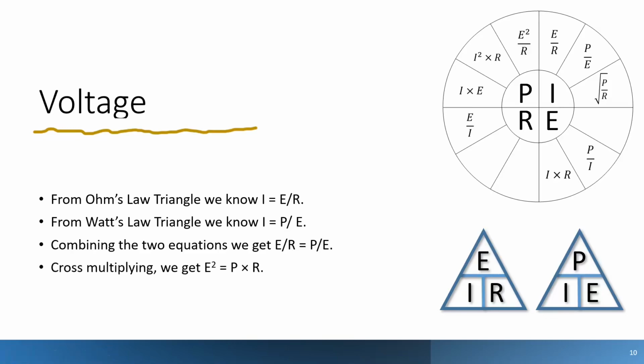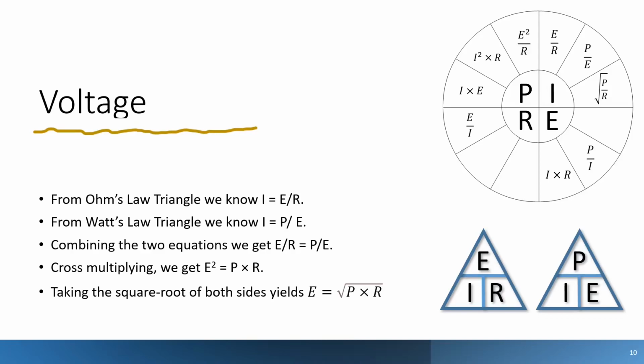And when we do that, we're going to wind up with E times E on the left side and P times R on the right side. I kind of simplified that rather quickly on the slide here, but E times E is E squared equals P times R. So then all we have to do to isolate E, remember we're trying to solve for voltage, is take the square root of both sides again.